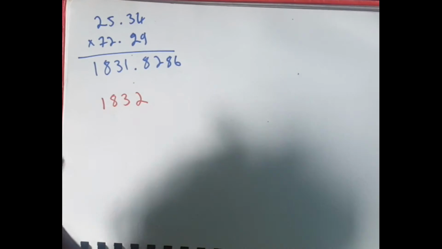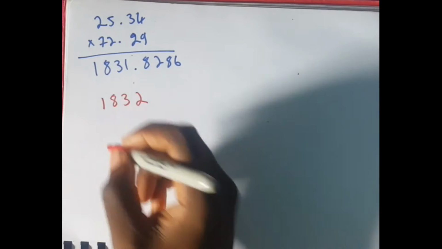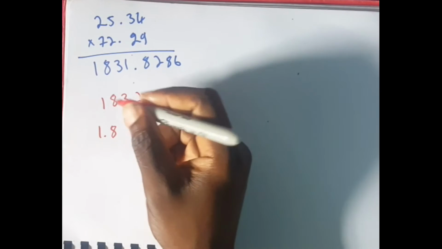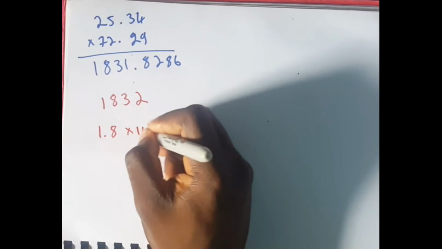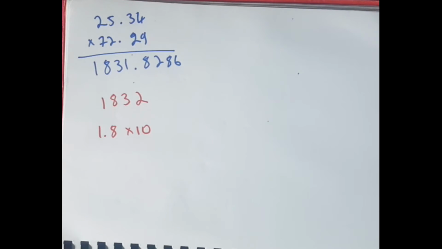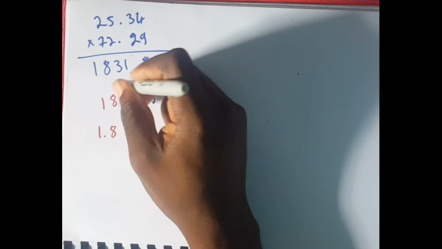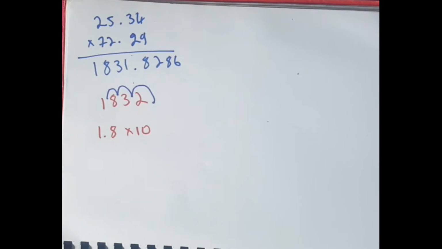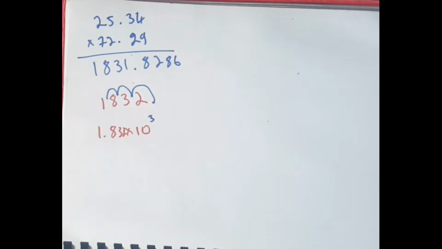Now say with the same question I was told to write this in standard form, I would have 1.8, which is between 1 and 10, multiplied by 10 raised to a power. How do I know which power? I move the decimal place 3 places to the left to get it where the point is in 1.832. So I know now that I have 3 for the index.